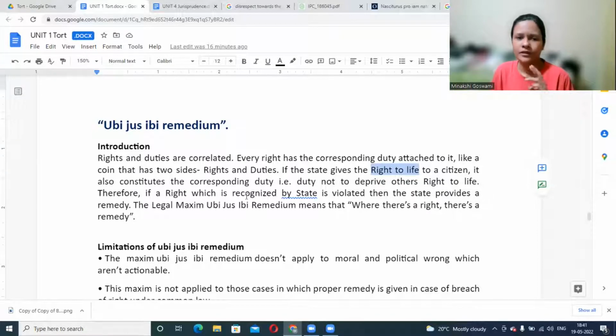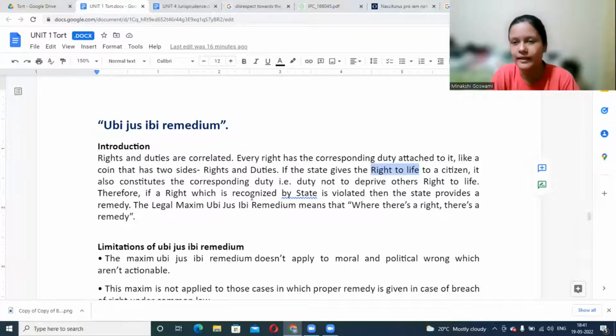In the same way, if we talk about the right to free and compulsory primary education, 6 to 14 years in government schools, simply saying that kids between 6 to 14 years have a right to free education is not enough.